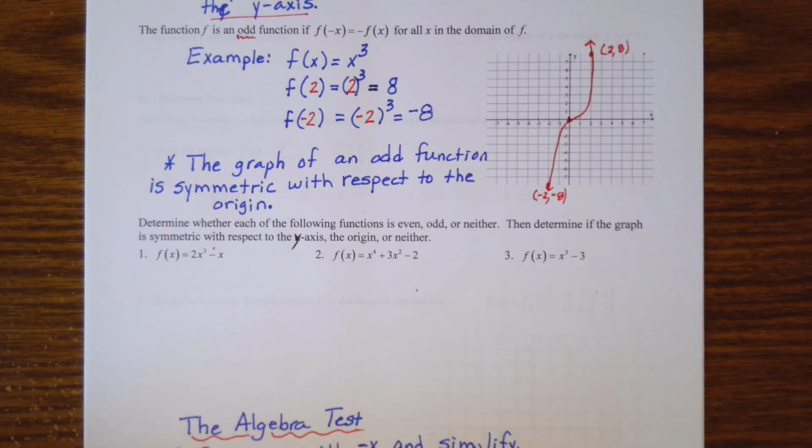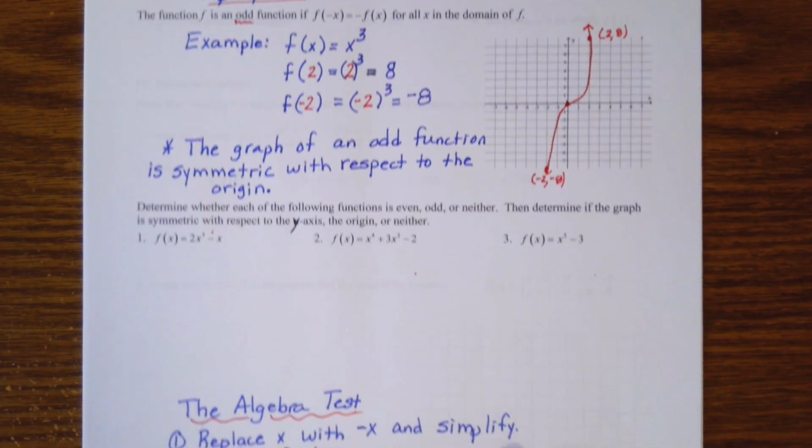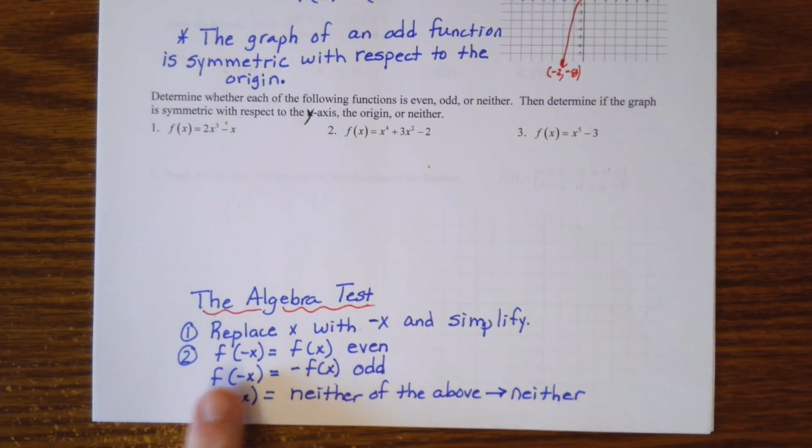All right. So now we're going to determine whether each of the following functions is even, odd, or neither. That is an option. Then we're going to determine if the graph is symmetric with respect to the y-axis, the origin, or neither. This is what we did in the first two examples, it's called the algebra test.